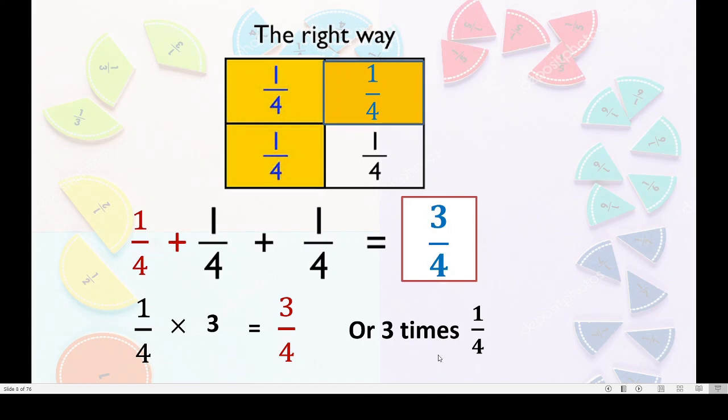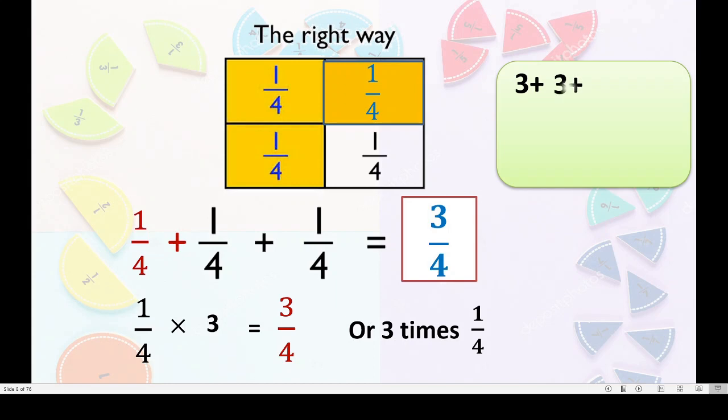Yes, like this sum we did in multiplication or in the first sum about the addition also. See here I will write, I will recall that 3 plus 3 plus 3 plus 3 plus 3.